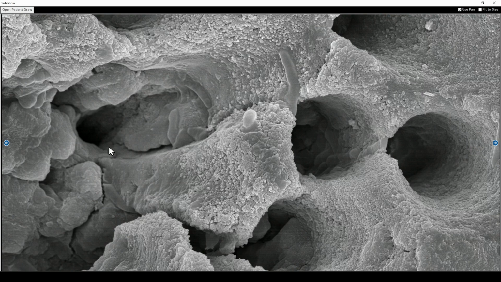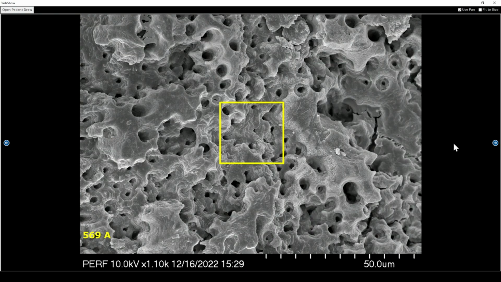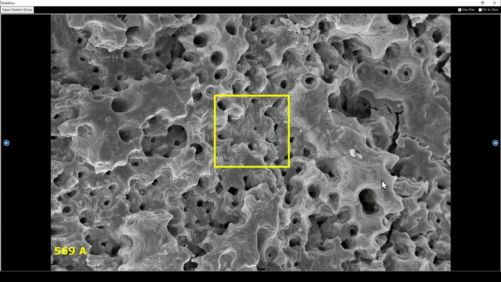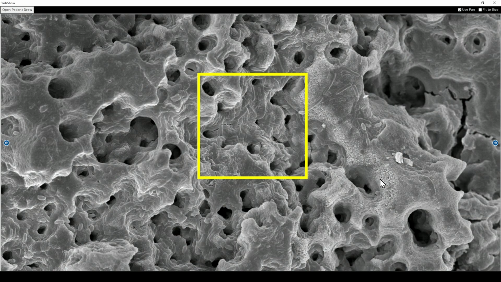Here you can see a very good signature on the dentin. EPS has a certain signature to it. It looks like molasses, melted molasses. And once you start to recognize this, it'll be easier for you in looking for whether a material has a biofilm on it or not.